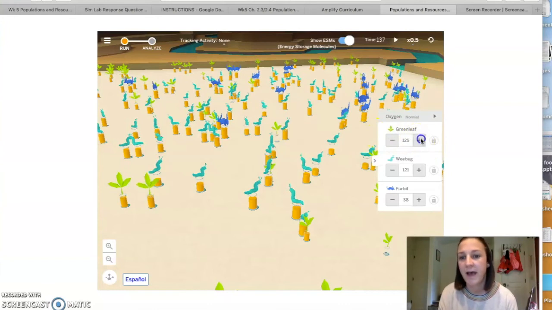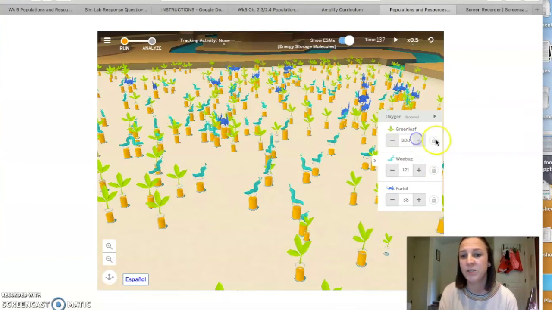So you want to add or take away green leaves to see how that affects the WeBug population. And it says to make a big change. Once you've made your big change, lock it, and then you're going to watch for 20 time units. And if you need to restart, you're going to use this and that'll restart the time right there. And then you're going to go to analyze and see what happened after the change.